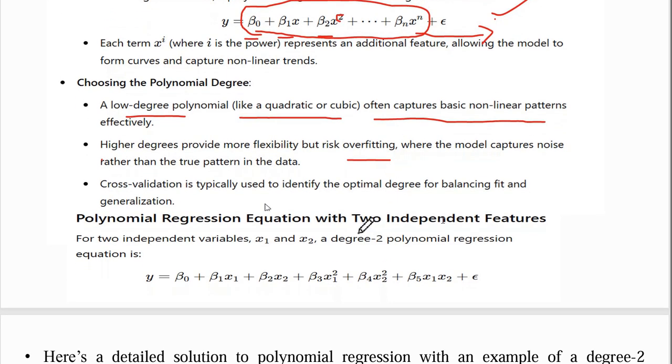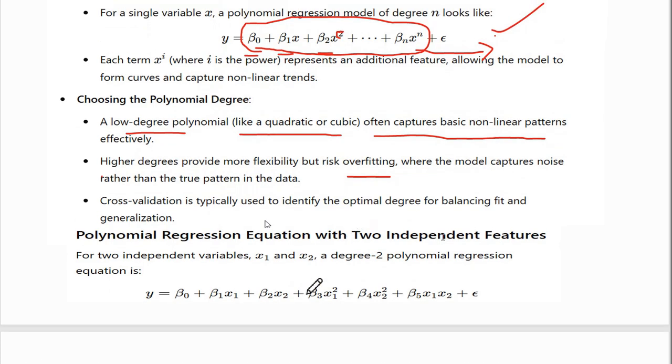Let us say, for example, we have two independent variables. How do we write the polynomial equation? For example, we have two independent variables x1, x2. In that case we write the equation like this: beta naught, beta 1 x1, beta 2 x2, beta 3 x1 square, beta 4 x2 square, beta 5 x1 x2.